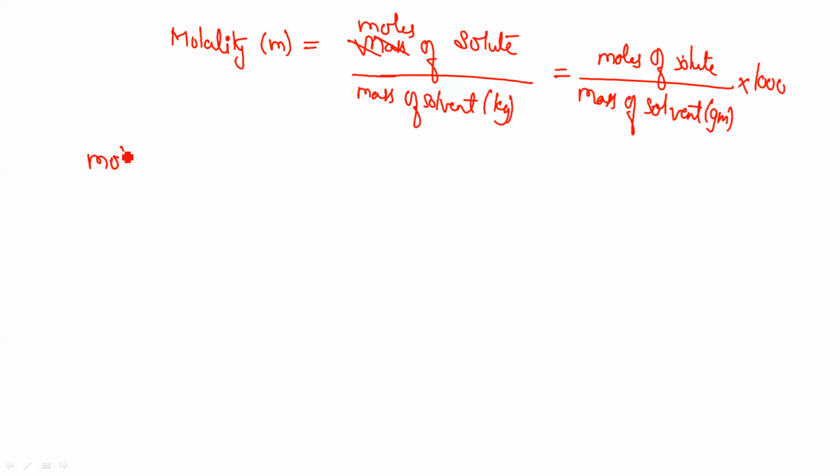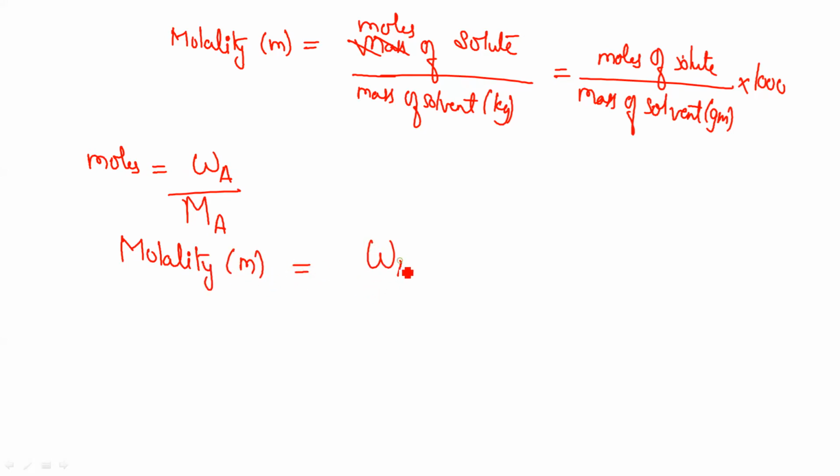For moles, WA upon molar mass of A, the formula for molality, small m, will be WA upon mass of solvent in grams into molar mass of A into 1000.